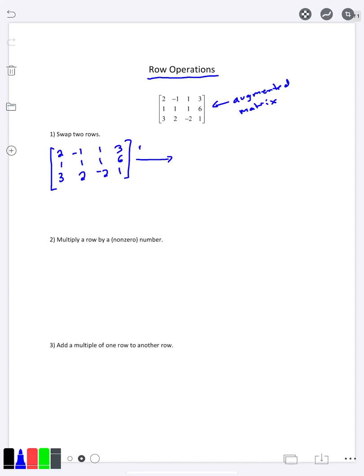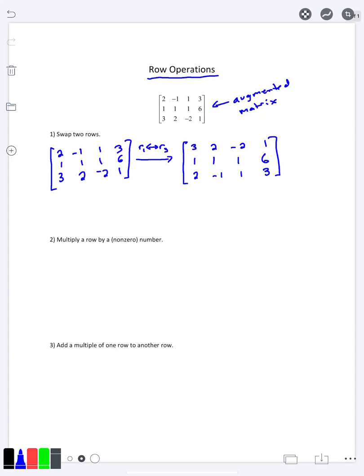And then if I want to swap rows, I'm going to write R1 double arrow R3. That means I am swapping the third row with the first row. So you see the original first row becomes the new third row and vice versa, and the second row does not change at all.